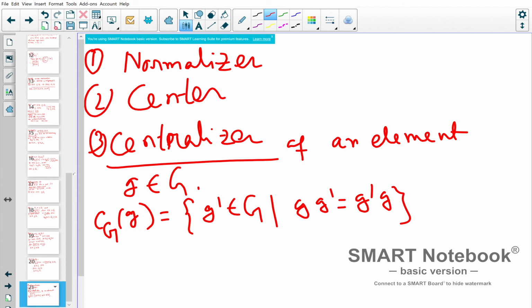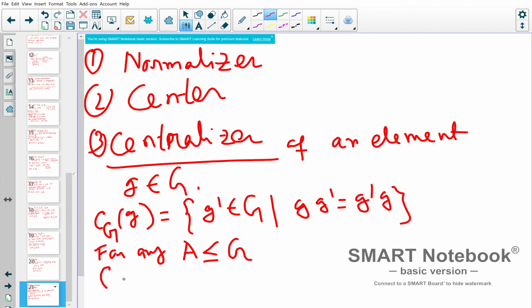So what does that mean? That means, for example, every element of the center belongs to the centralizer of any element, right? Because inside the center, you have the elements which commute with every element of the group, and hence this is true. Similarly, you can also define it for any subset, so it is true for a set also.